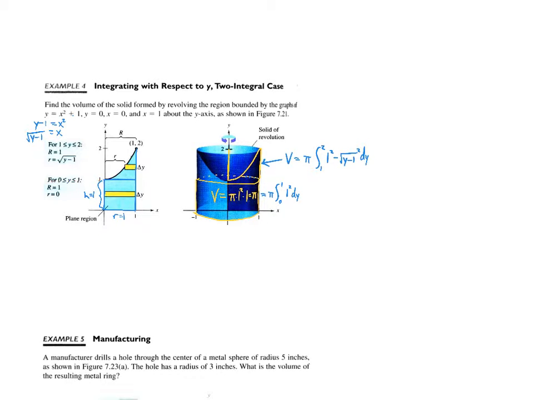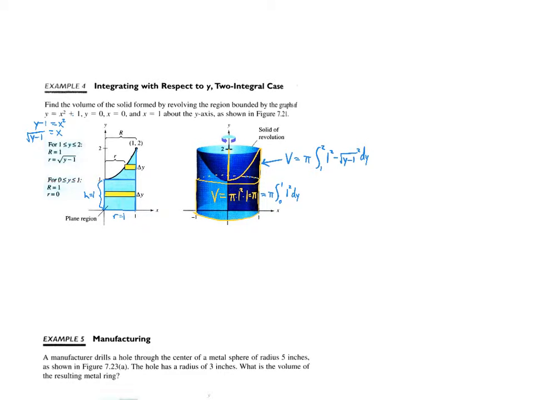Correct. Guys, why does it not matter back here whether we do positive or negative? Because we're squaring it. We square it right here, and we're revolving it around the axis, so we'll hit that other side anyways. Okay?